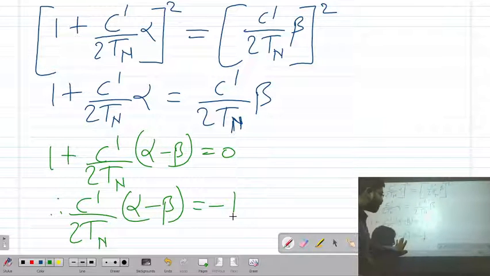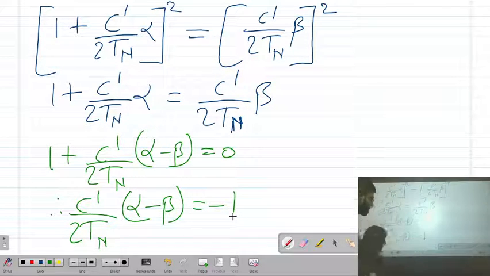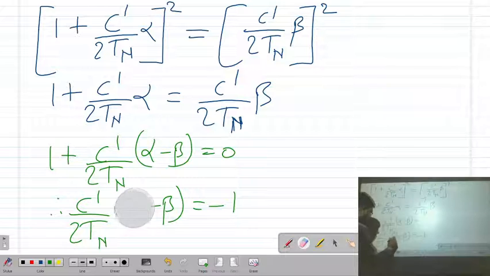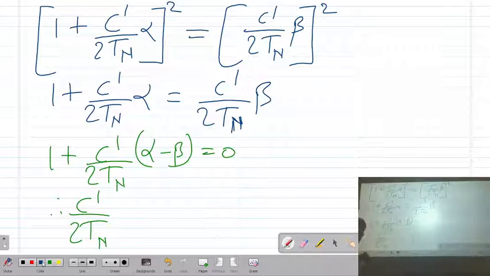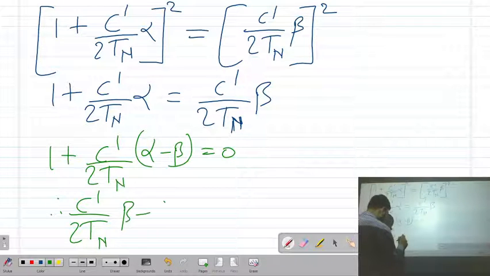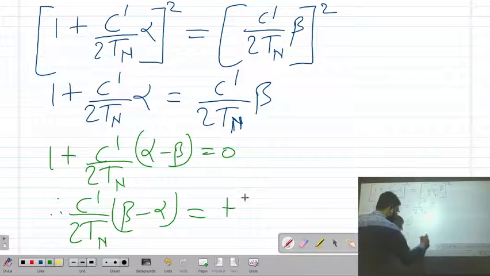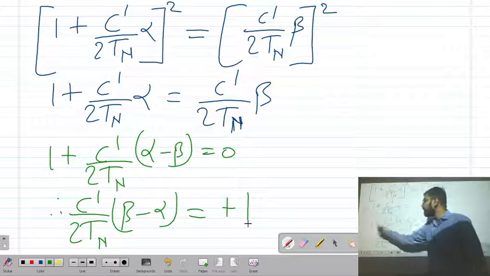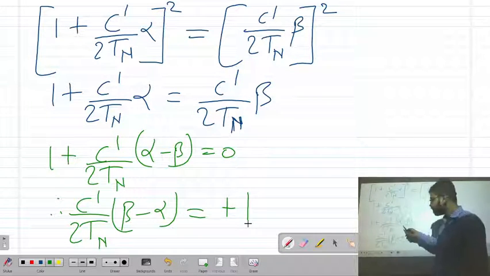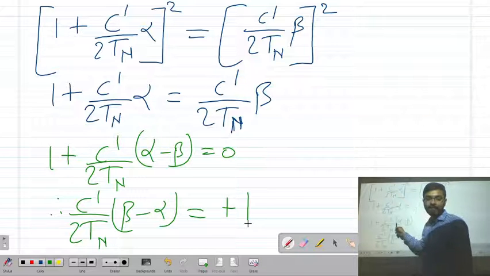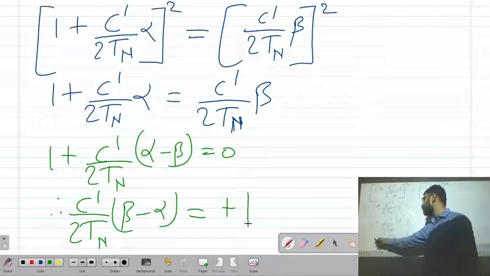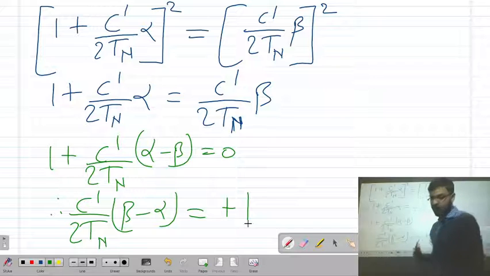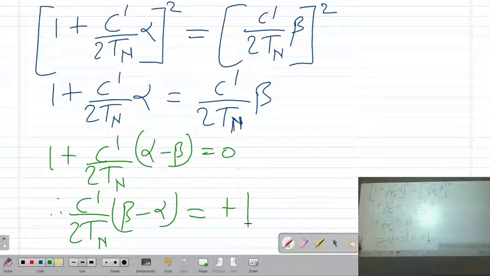Now changing the sign of alpha and beta, minus 1 changes to plus 1, so beta minus alpha equals plus 1. If we take this to the other side, we will have minus 1. Again, if we change the beta and alpha position, minus becomes plus, so we have plus 1.